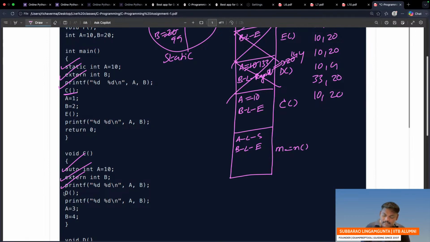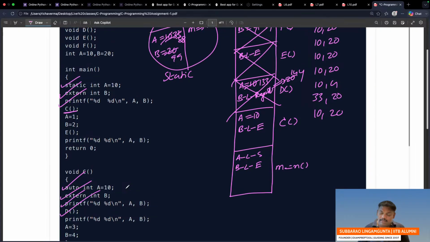In C, D is completed. Let's go to printf A comma B. If you observe clearly in the C function, auto int A is local, and extern B is global. So 10 will be printed for A, the local variable. B is local but an external variable, meaning global variable memory, so 99 will be printed.